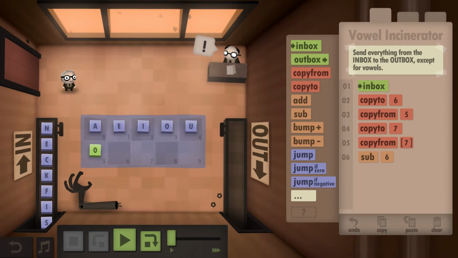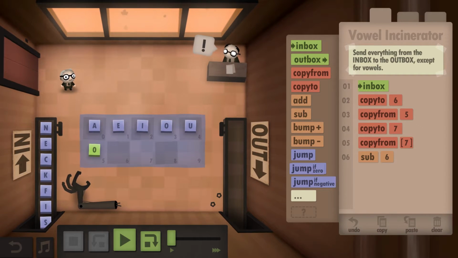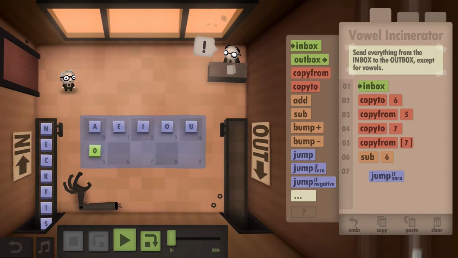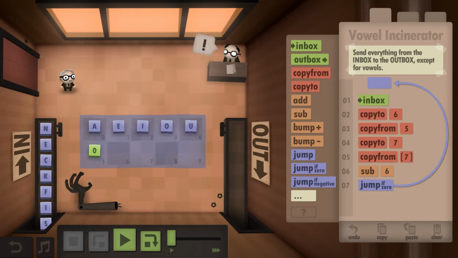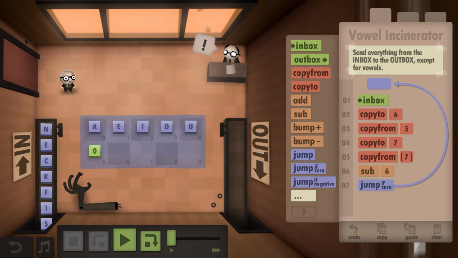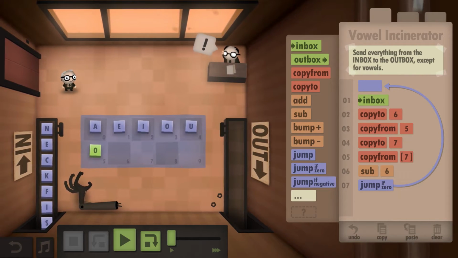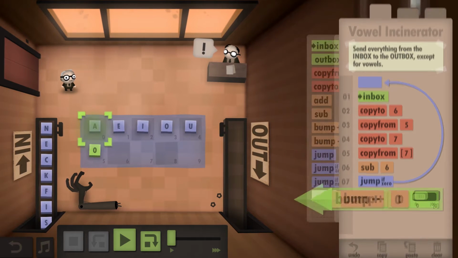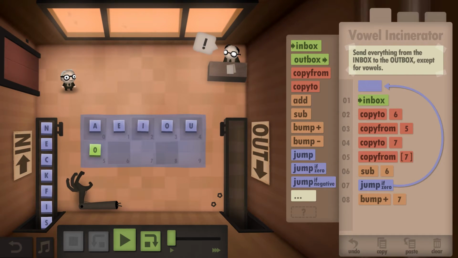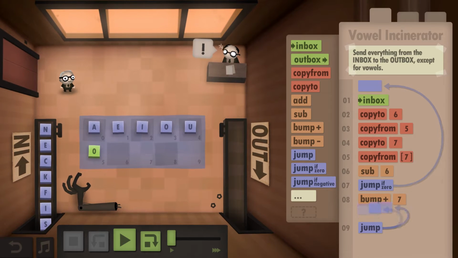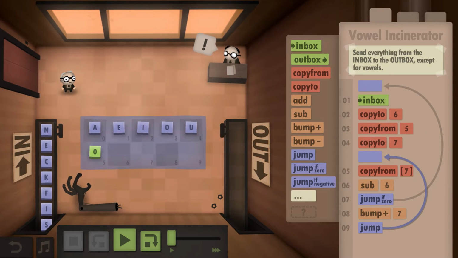If we subtracted that, if it's 0, we jump back up, because all we have are vowels here. Otherwise, we bump up our counter, and then jump back to here.